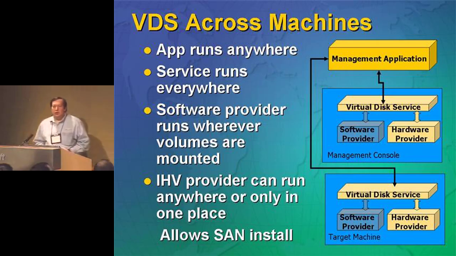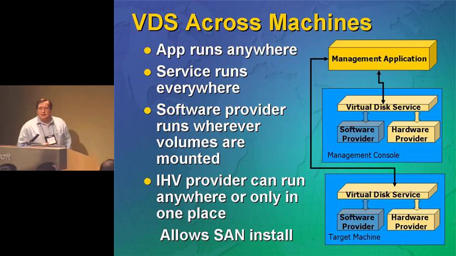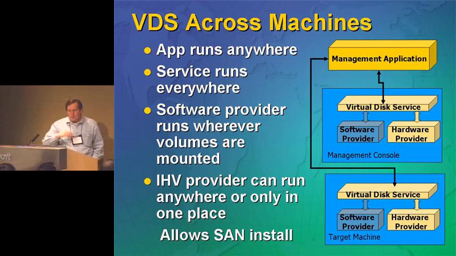We also have some remoting capabilities built into VDS so you can manage it from a single machine. You can go out and run it on remote machines, which is nice if you have a large number of storage servers deployed. The software provider runs wherever the volumes are mounted, and here again, IHVs can snap into it.